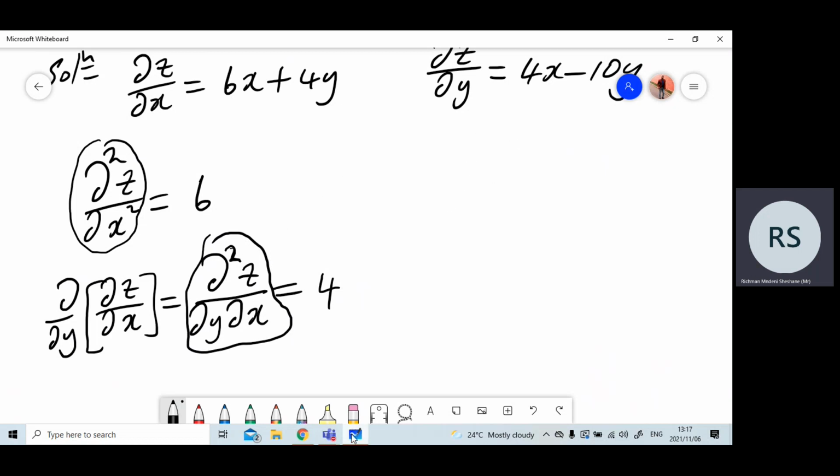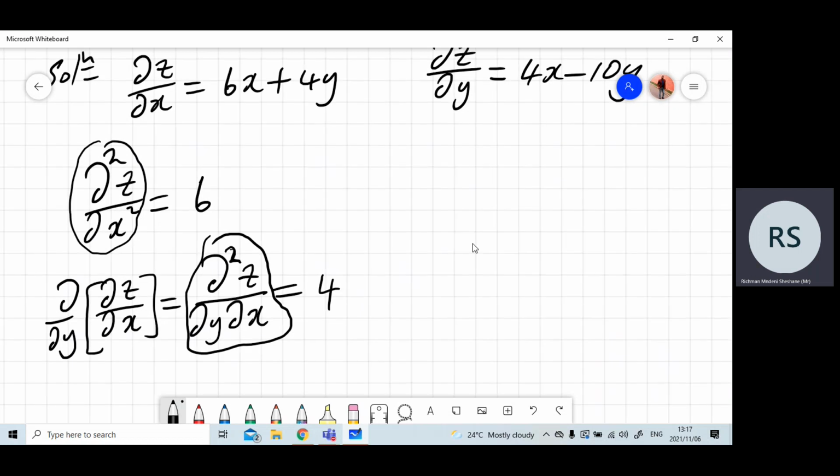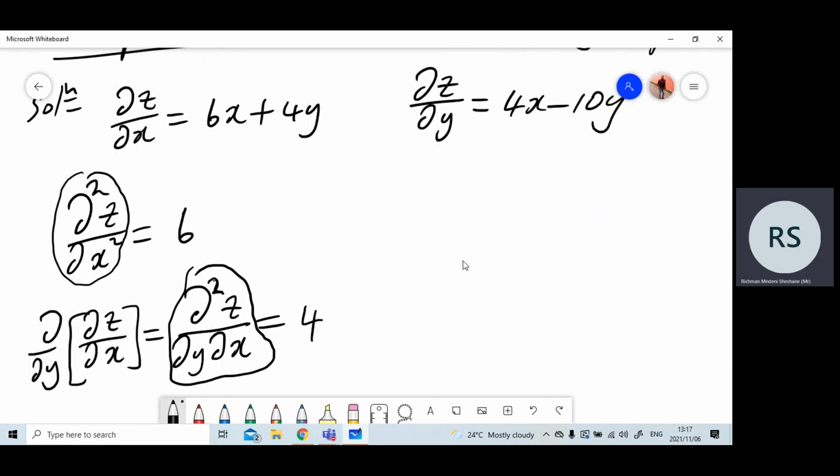And again, there is a first partial derivative with respect to y. Again, it's a function of two variables x and y. We can find a second partial derivative with respect to x in the first derivative with respect to y. Yeah? Okay, now you understand the rule.